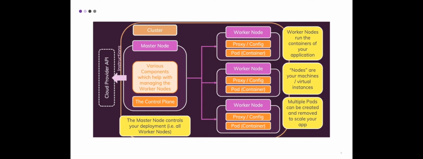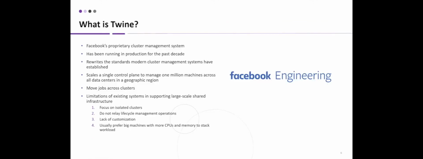And from there, this cluster talks to whatever cloud provider API you're working with, be it Amazon Web Services, Azure, or Google. So this is just a high level overview, and then we're going to go into exactly how Twine is different and how it has other advantages over what Kubernetes does, so how it's better.